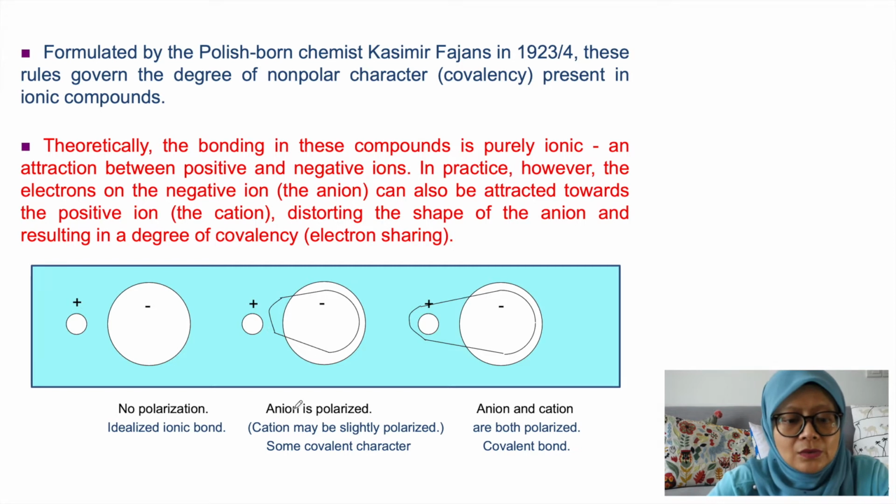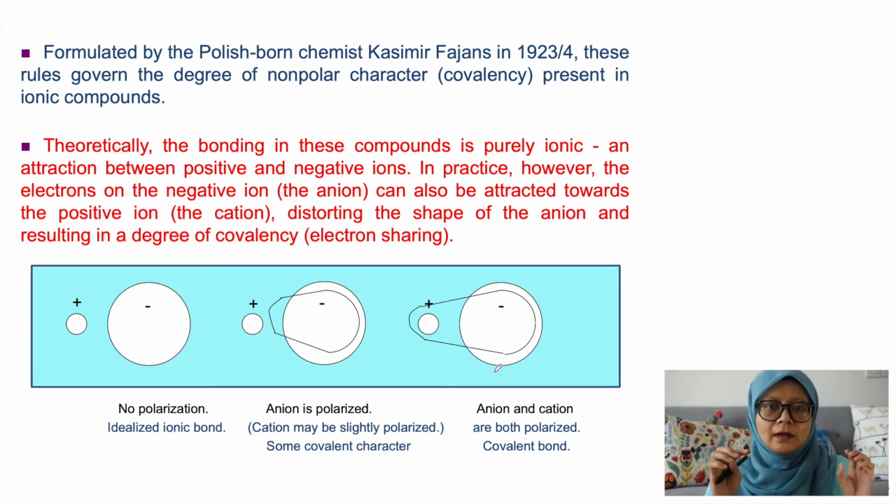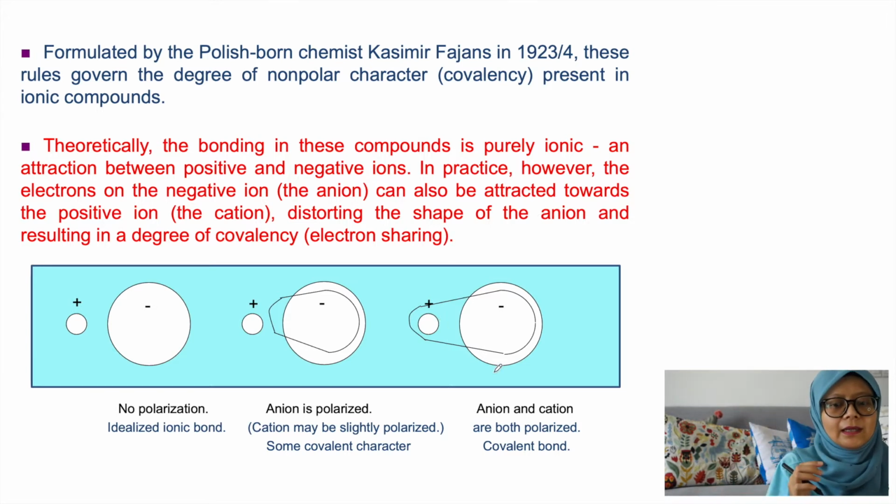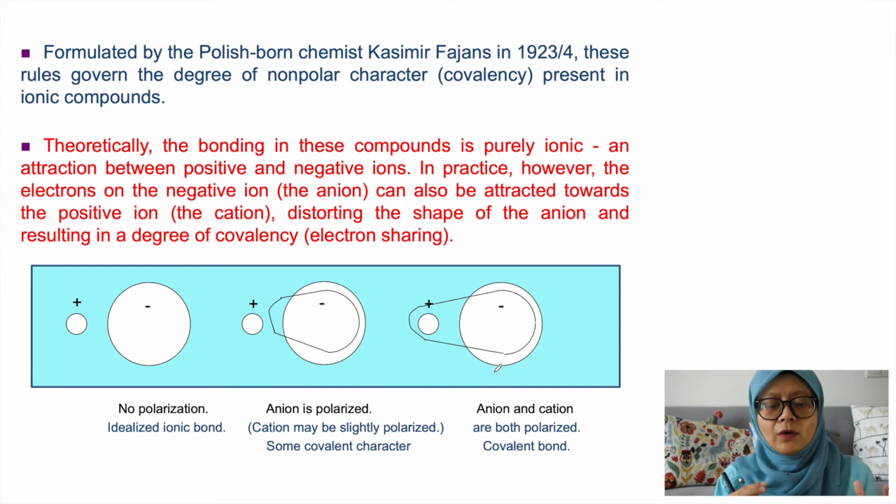The cation is slightly polarized and they will show some covalent character. When this distortion of the electron cloud happens, the anion and cation are both polarized and they will have a covalent bond in this structure.